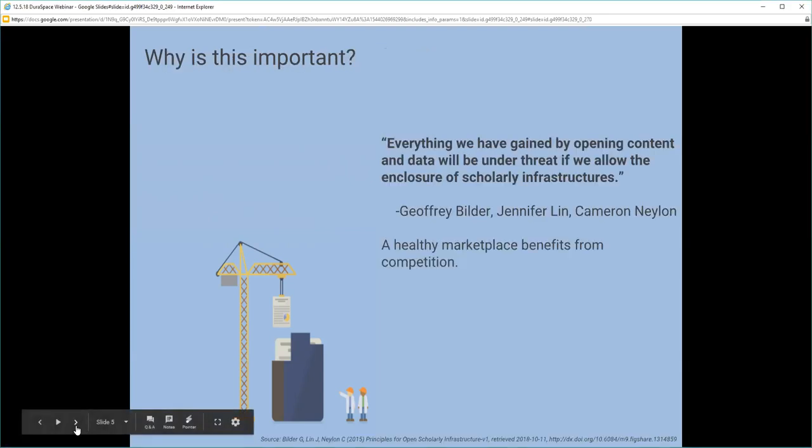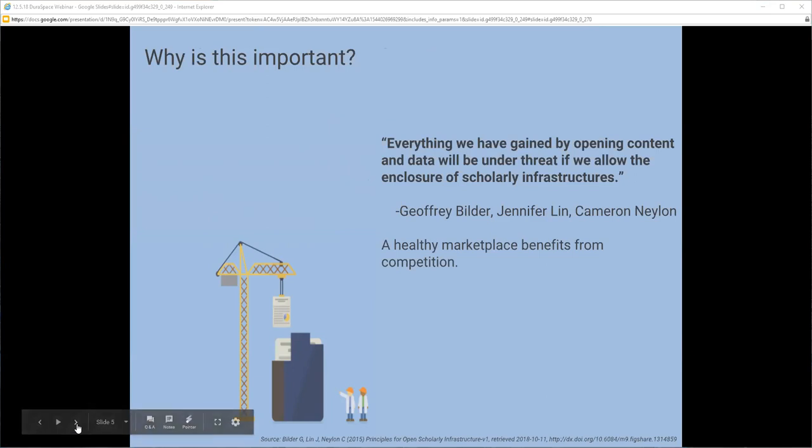Next. Why we think open source is so important is that several big players in the publishing space right now are trying to create walled gardens: end-to-end technology systems that a researcher or an author can follow from the beginning of their research career as an undergrad all the way through to retirement.